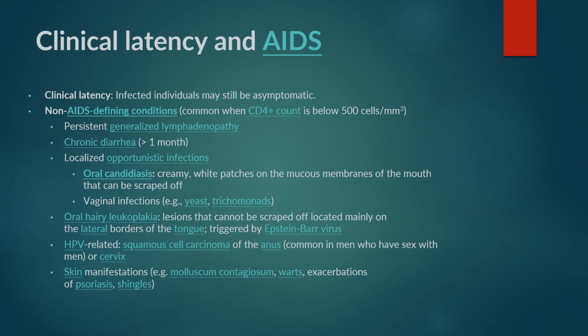Non-AIDS defining conditions include a CD4 count below 500 cells per cubic mm, chronic diarrhea for more than 1 month, and localized opportunistic infections: oral candidiasis, oral hairy leukoplakia, HPV-related squamous cell carcinoma, and skin manifestations like molluscum contagiosum, warts, exacerbations of psoriasis or shingles are very common in these patients.